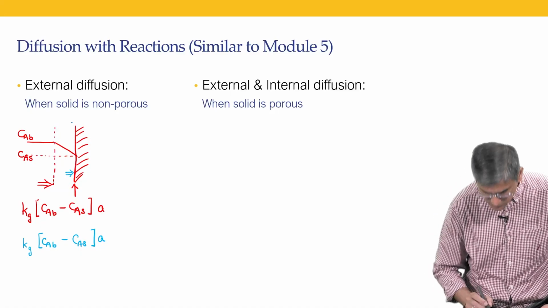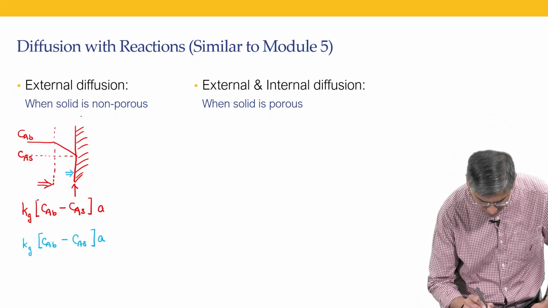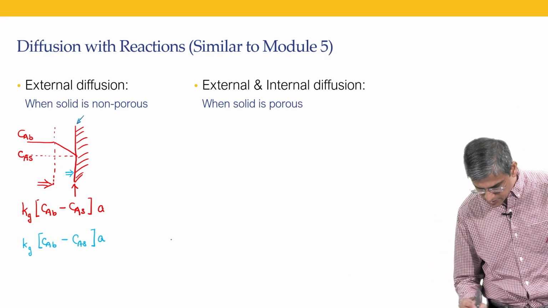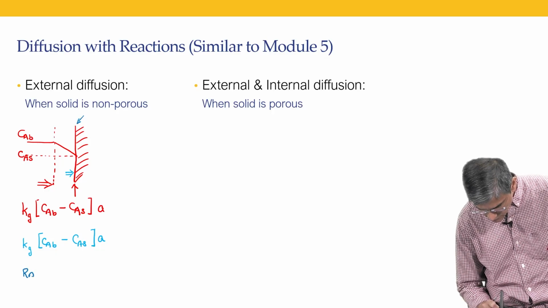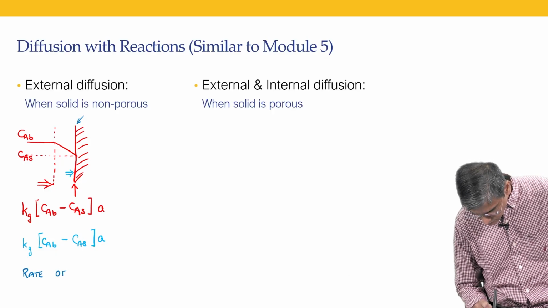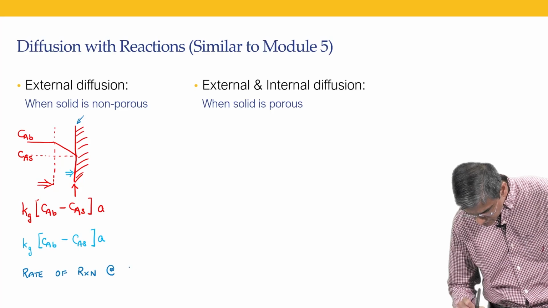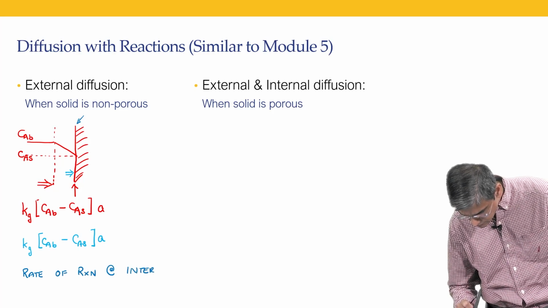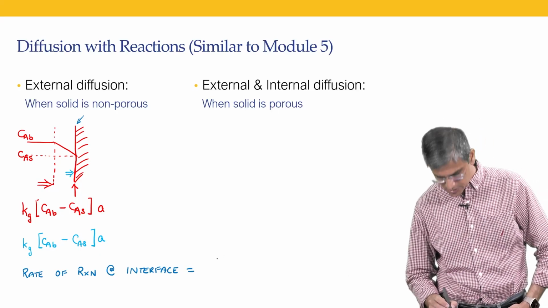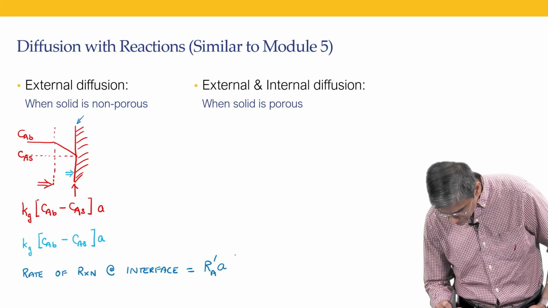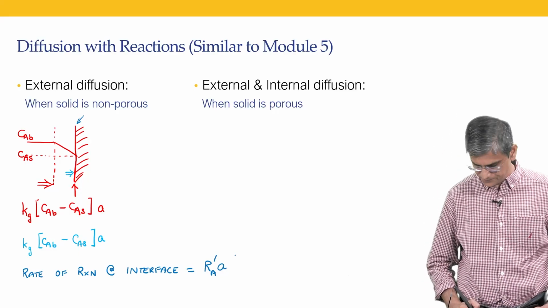Okay, now if the reaction is taking place over here, then the rate of reaction at the interface is going to be nothing but RA dash multiplied by area of the interface.